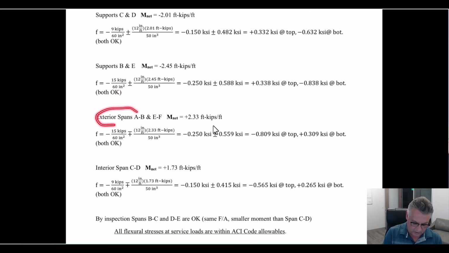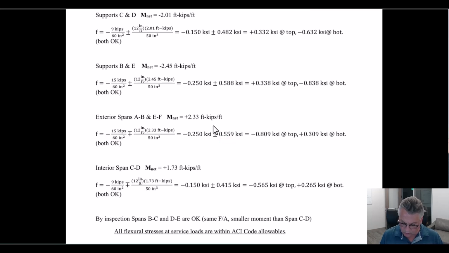Let's look at the exterior spans. Again, the very exterior span has the 15 kips a foot in it. So the F over A portion, the negative 15 over 60, is the negative 250 psi. M over S with the positive moment, plus or minus 559.